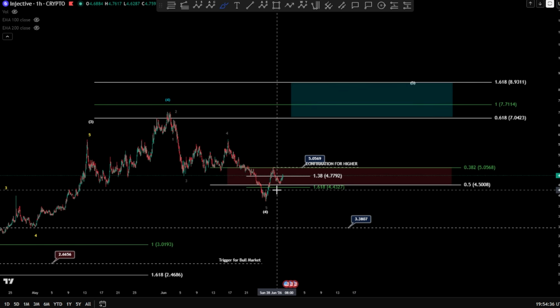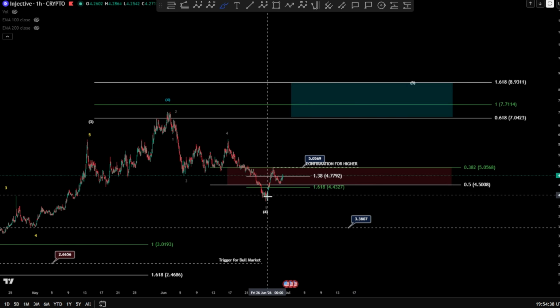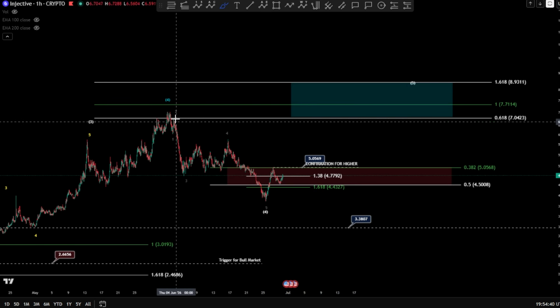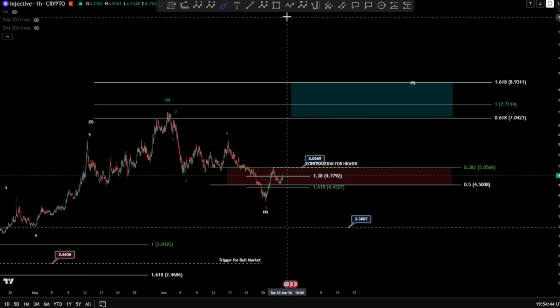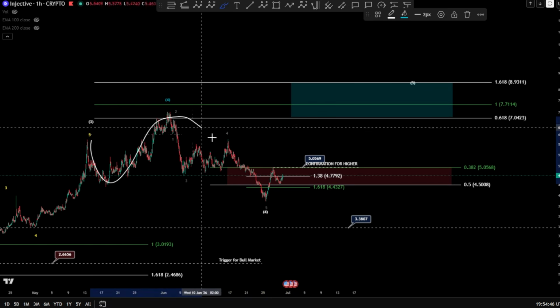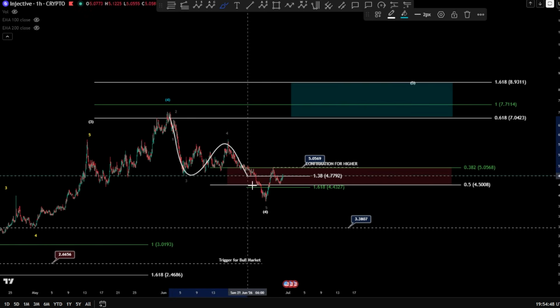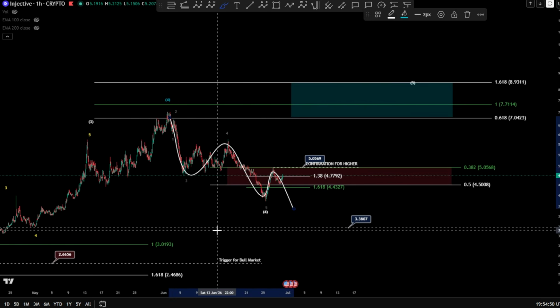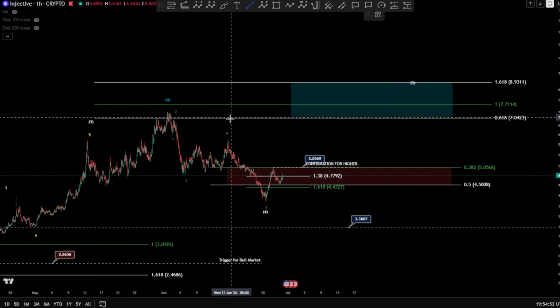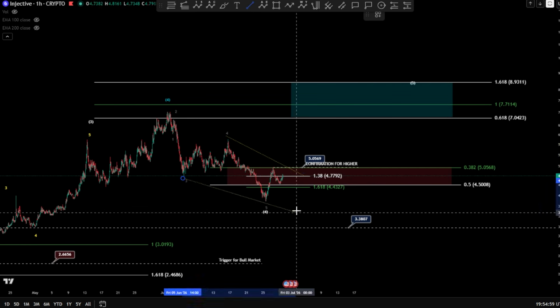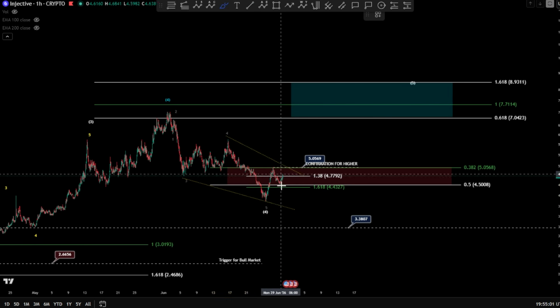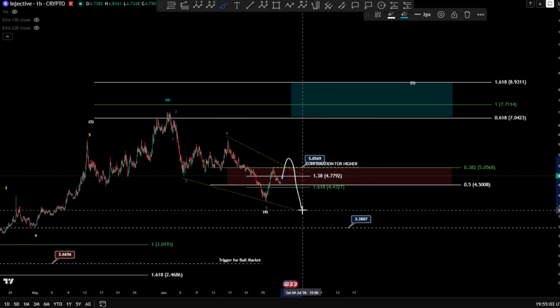Now, our risk comes exactly, well, our risk is by taking the low, but even I believe if you take the low, be careful from the ending diagonal here because you are in A, B, and a C. You might still be looking at 5 waves just like that, as an ending diagonal. So I'm going to keep that over here as a reminder, with the ending diagonal, of course, that a wave 5 might still be unfolding here.